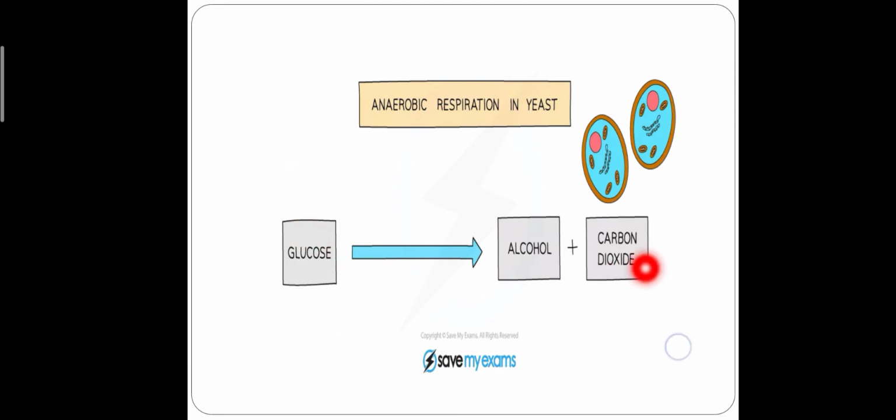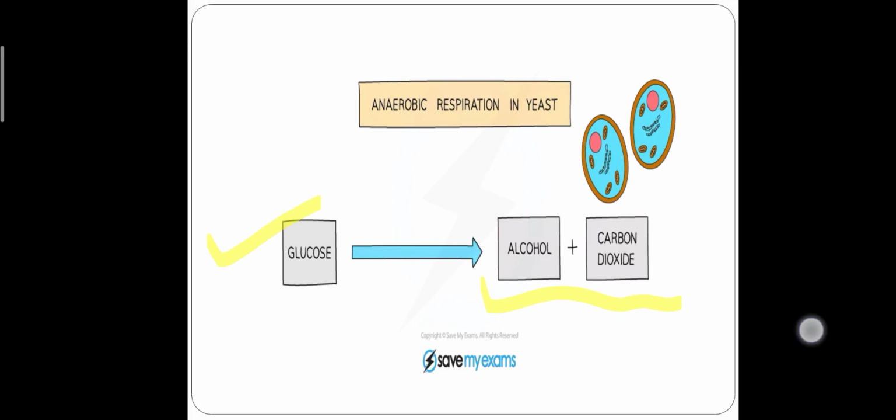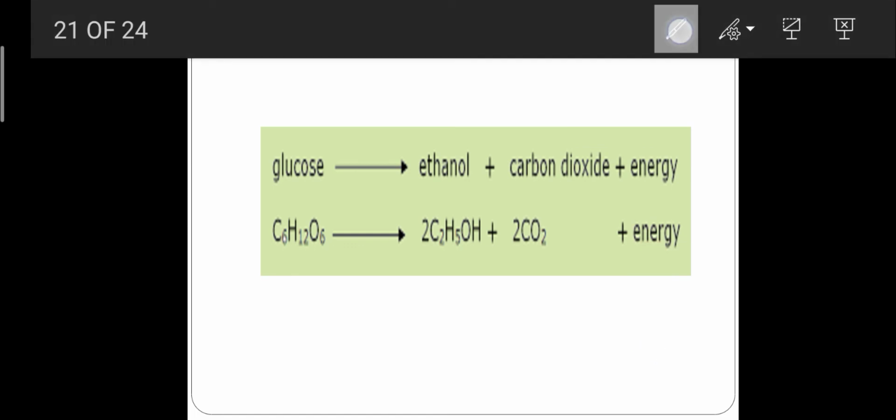This diagram shows the anaerobic respiration which occurs in yeast. Glucose is converted into alcohol and carbon dioxide in the absence of oxygen. Here we can see that a glucose molecule is converted into 2 ethanol molecules and 2 carbon dioxide molecules, and energy is released.